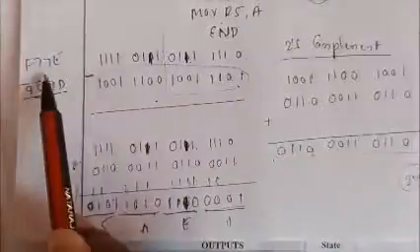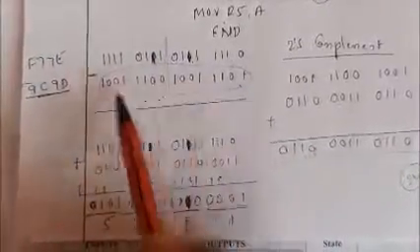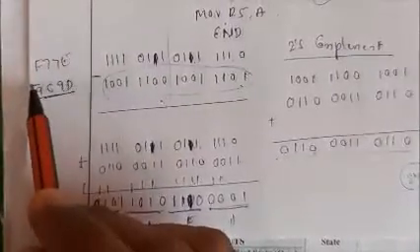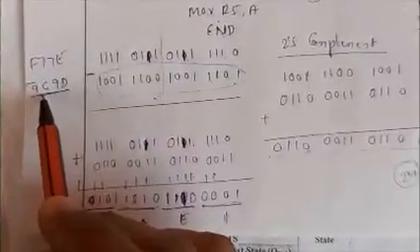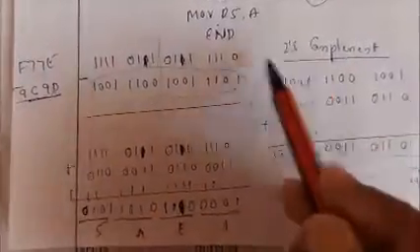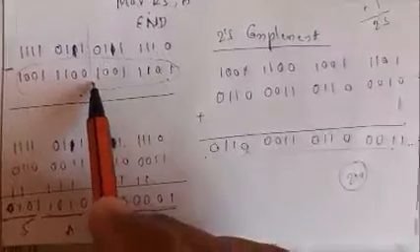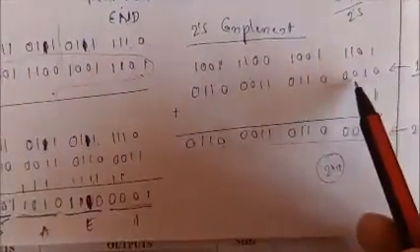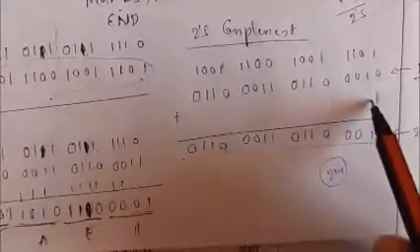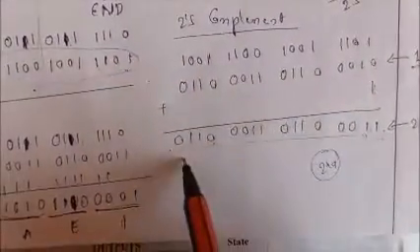What is the procedure here? If you want to perform binary subtraction, just convert the first number and second number. The second number is negative because this number is minus this number; this sign relates to the second number. So for this second number, first I need to take the 2's complement: first take the 1's complement, which is just the bit reverse pattern, plus 1. Finally you get this result. So this value itself is my second number, not this one.